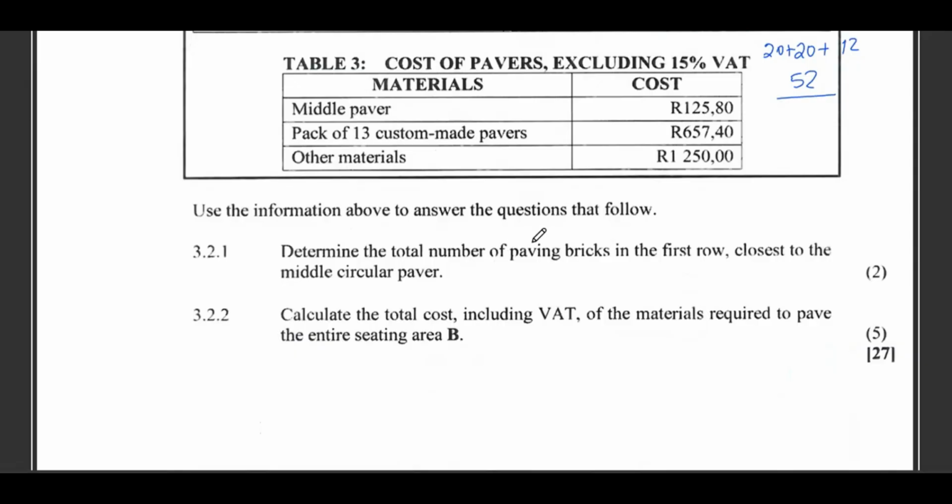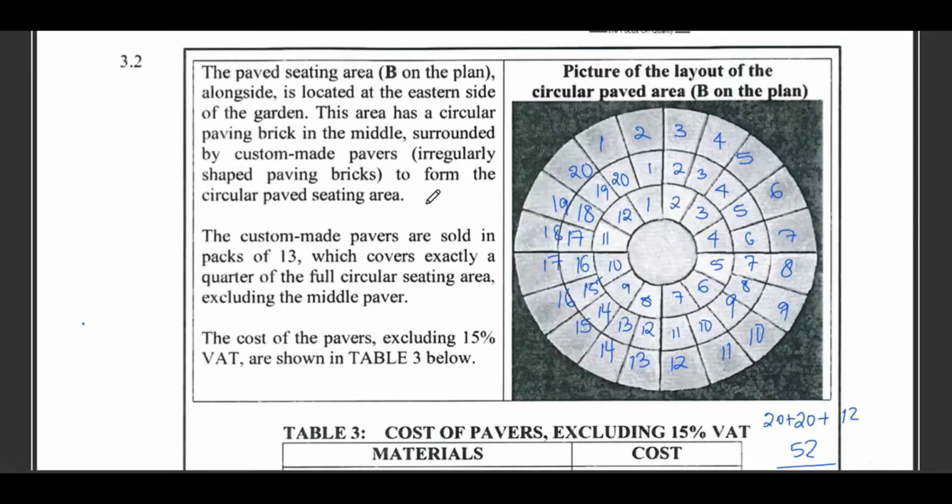Determine the total number of paving bricks in the first row closest to the middle center. So these ones here, when you count these numbers here, we have 1, 2, 3, 4, 5, 6, 7, 8, 9, 10, 11, 12.